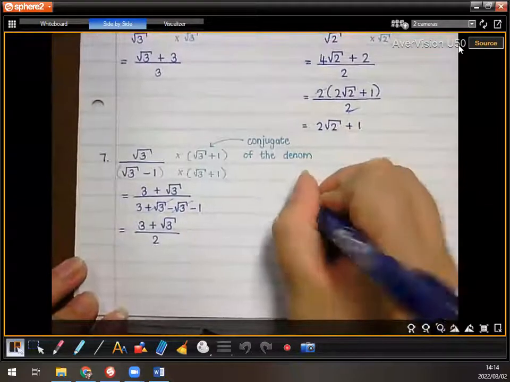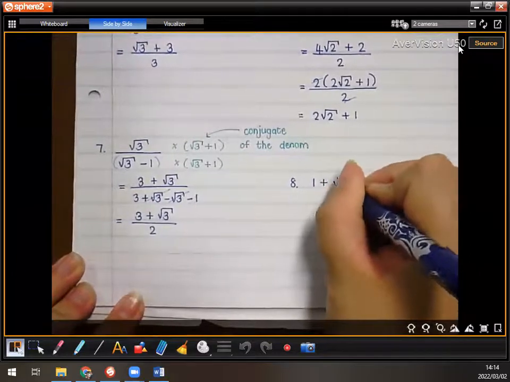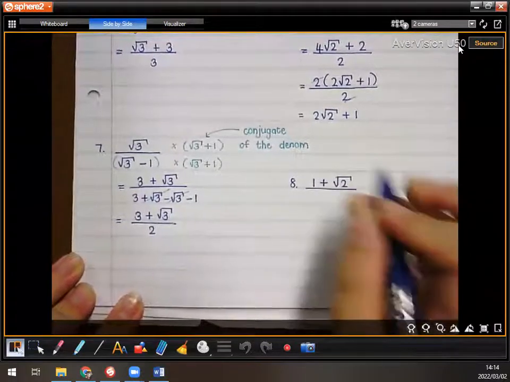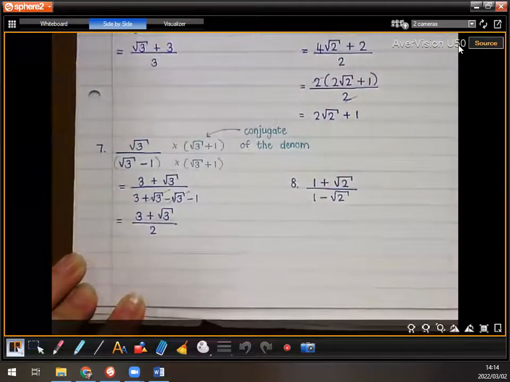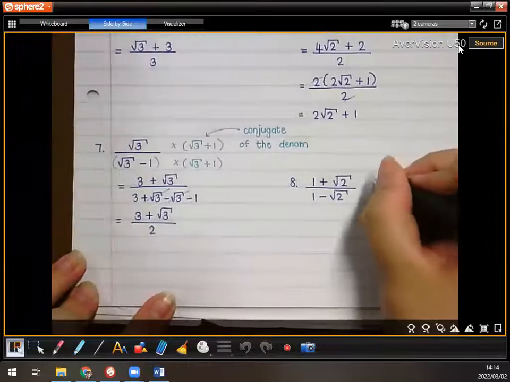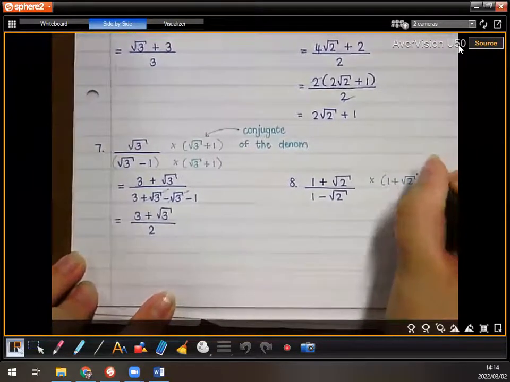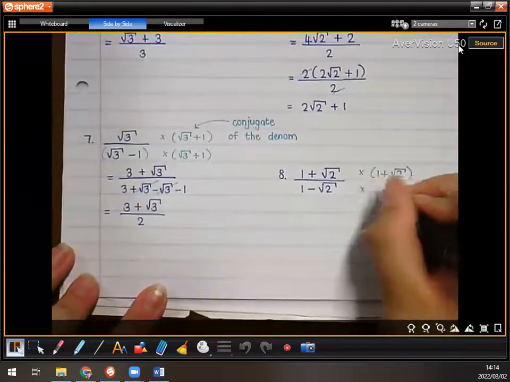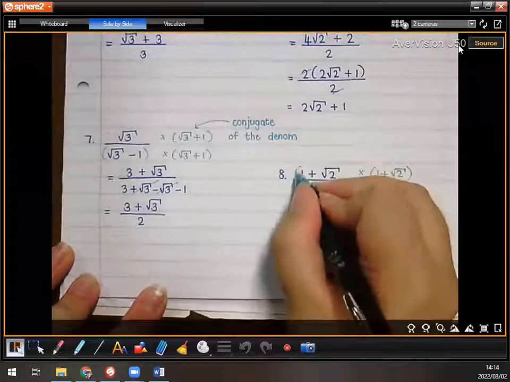I'm going to do 8 here next to it quickly. Almost there. This is the second last one. So 1 plus root 2 over 1 minus root 2. You see we have 2 terms in the denominator, so we multiply the top and the bottom by the conjugate of the denominator. We just learned that word now, which is the same 2 terms but a different sign in between them.